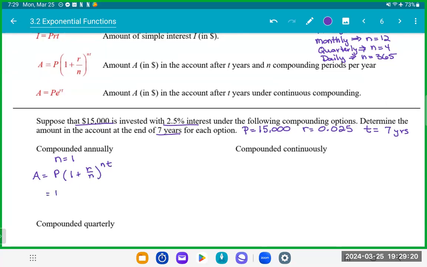So that is 15,000 times (1 plus my rate of 0.025 divided by 1) raised to the 1 times 7. Okay. And that simplifies to $17,830.29. Don't round the cents away on your homework. Make sure you keep it out to 2 decimals.